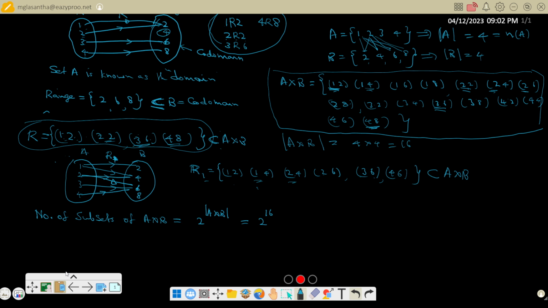Earlier we discussed this is known as the power set. The cardinality of the power set of A cross B equals 2 to the power of 16. The number of subsets of A cross B is 2 to the power of the cardinality of A cross B.